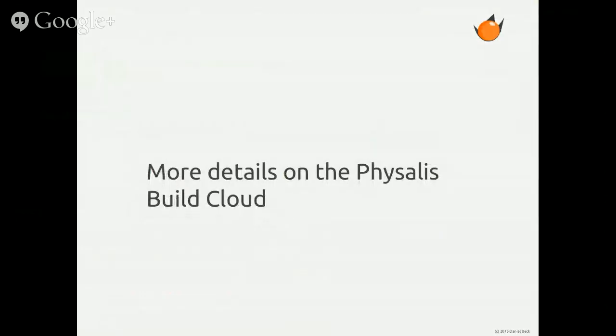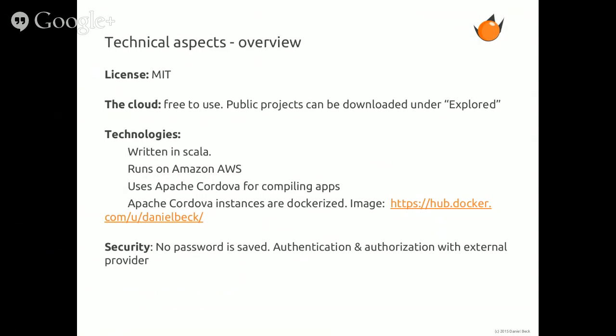I provide a little bit more details on the Physalis Build Cloud. So first, the license is MIT. It's a very free license. It's possible to take the Physalis Build Cloud and push it on your own server and build your application yourself with it.